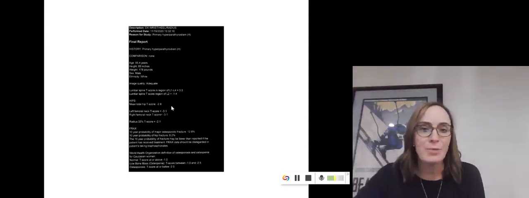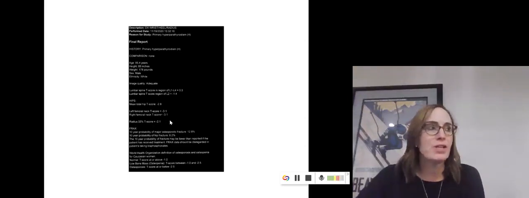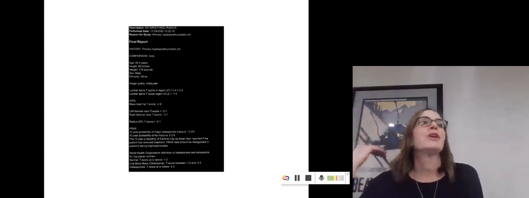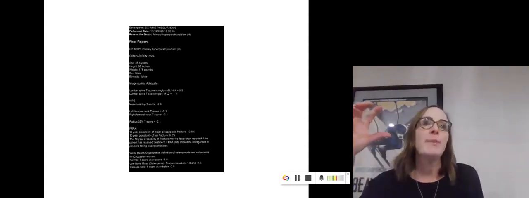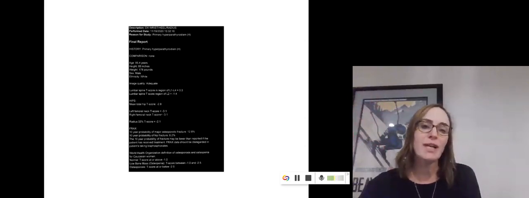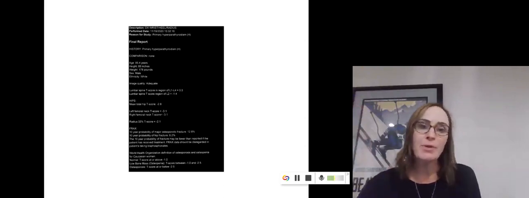Now, the radius is completed in certain situations. The radius is not a good place to compare bone densities, but oftentimes we will check a radius when one other site is unavailable. So typically on your bone densities, you are going to get a spine score, a total hip score, and a femoral neck score.